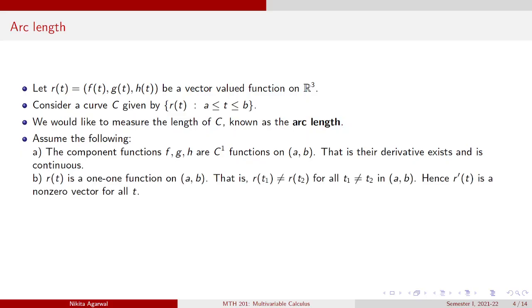The second important assumption is that this vector valued function is injective or one-one, meaning that if you take two different values of t, t1 and t2 in the interval, then their images are different. Pictorially this means that the curve does not self-intersect, and hence r'(t) is a non-zero vector for all t.